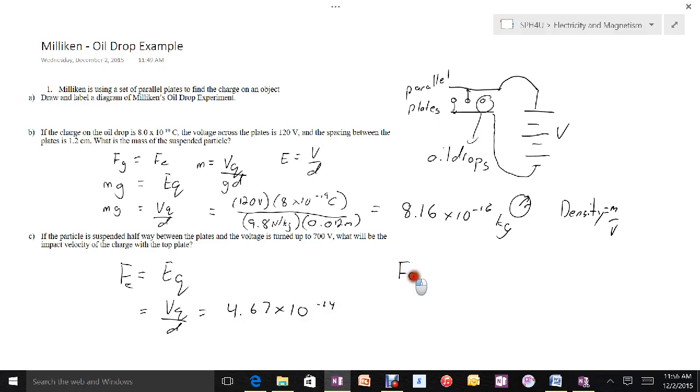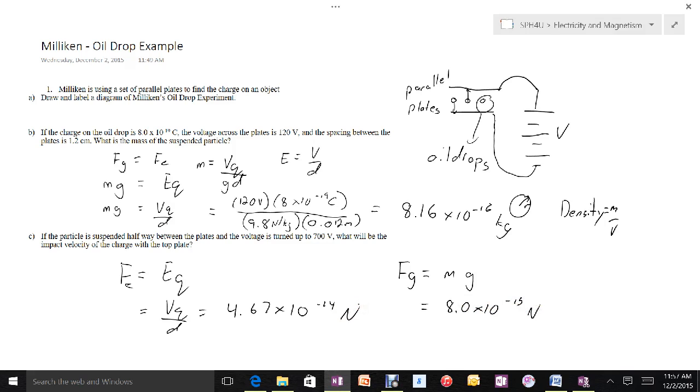Because this is an oil drop and not an elementary particle, I still need to consider the force of gravity. I know that the mass of the oil drop is 8.16 times 10 to the negative 16 as stated above, so if I go mass times g, I get 8.0 times 10 to the negative 15 newtons.